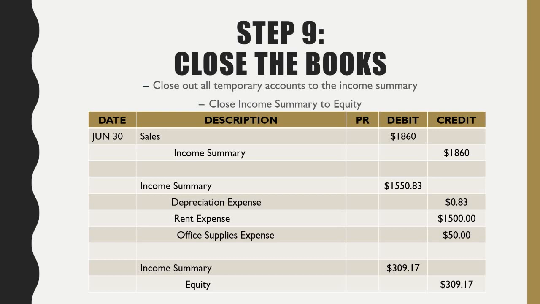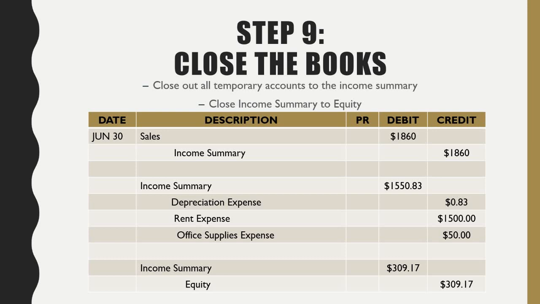And once you've done that, your next step is to close out your income summary to your equity account. This number should match your profit, so your income statement should reflect that same exact number.